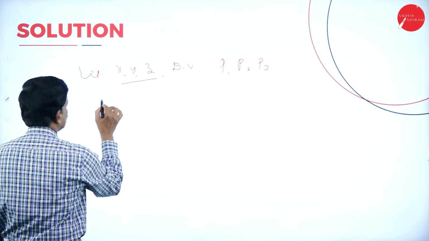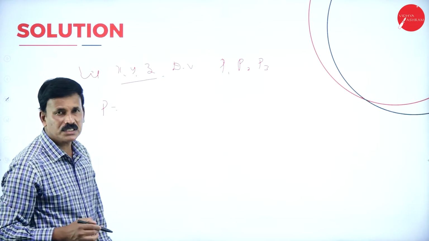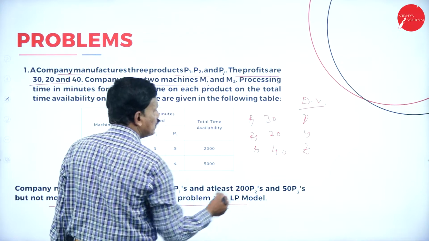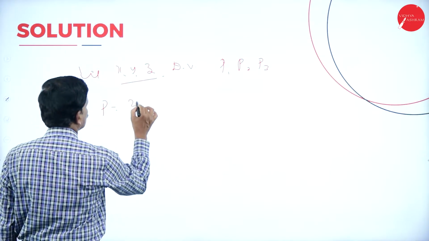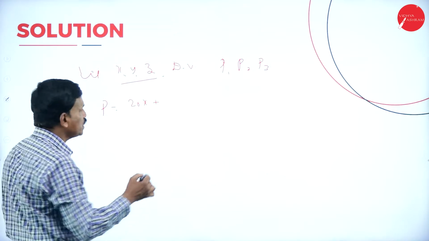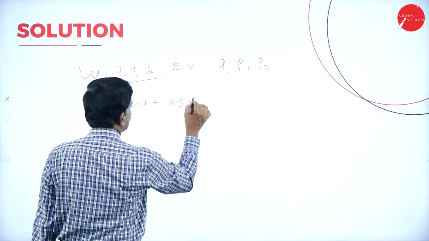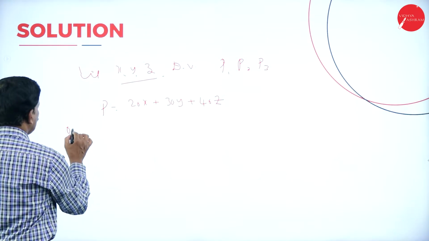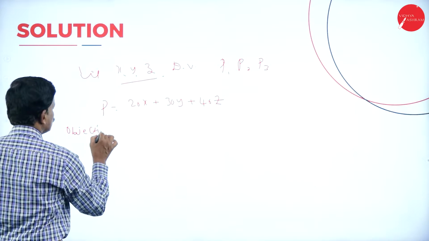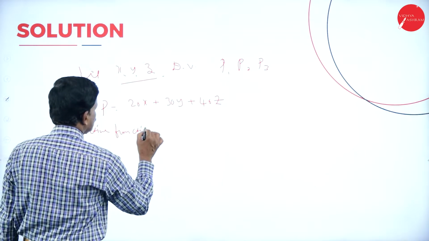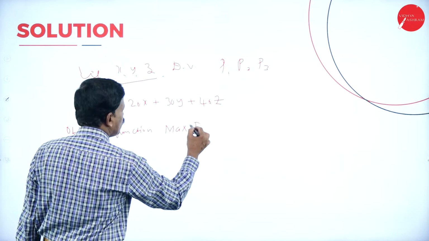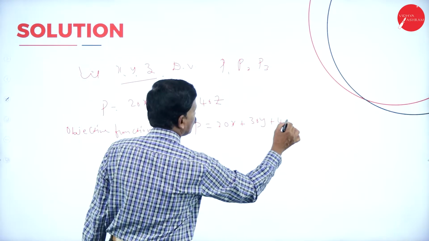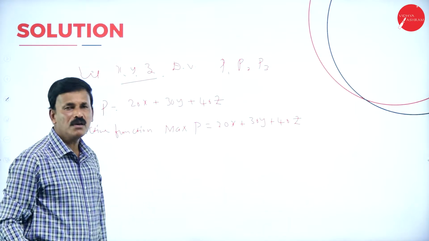The objective function is P equals 30x plus 20y plus 40z, and this is to be maximized. Maximum of P equals 30x plus 20y plus 40z. This is the objective function which is to be maximized.